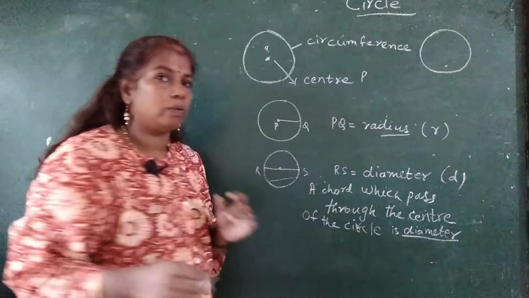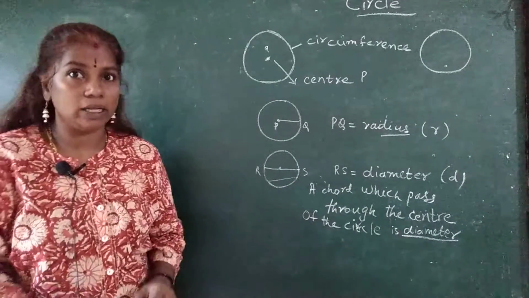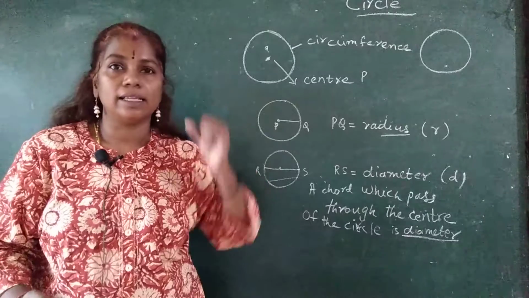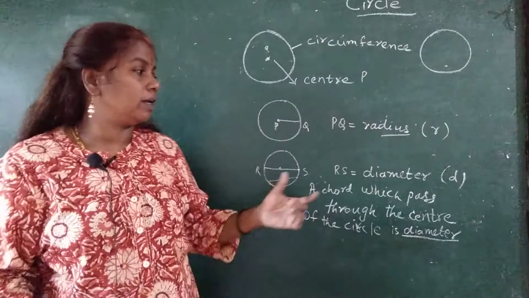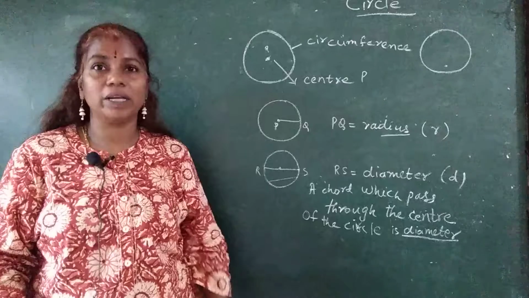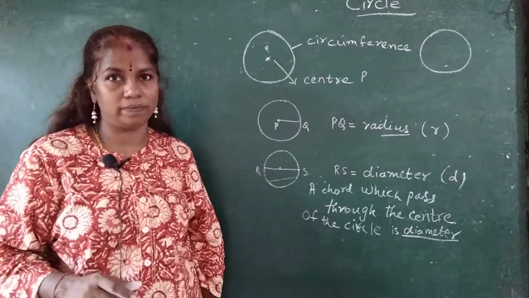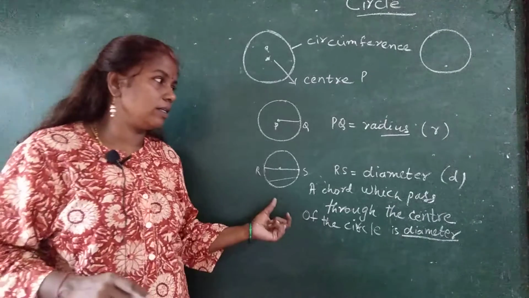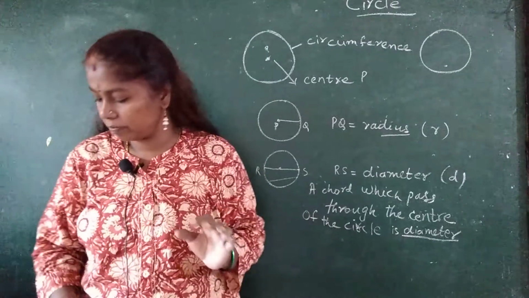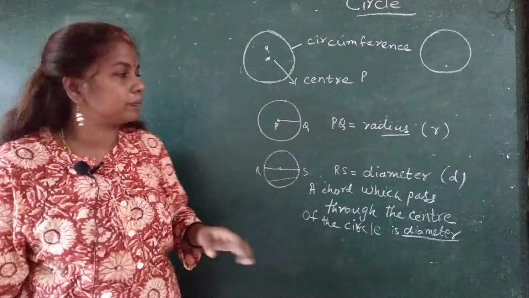Diameter. Why am I teaching you very slowly, pausing and explaining twice, thrice? Because this is very important. Diameter, radius, center. Otherwise, you will not be able to find the area of the circle. Okay? So, understand the diameter, radius, circumference and center. So, what is the chord?